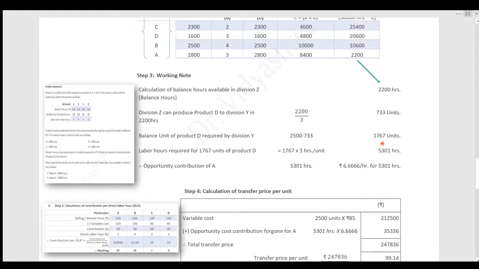The total hours required to manufacture this is this multiplied by the labor hour rate, so you got 5,301 hours. To get these 5,301 hours, you can obtain them from an opportunity contribution from the least ranking, that is A. Its opportunity cost contribution is 36.666, which you have taken here.